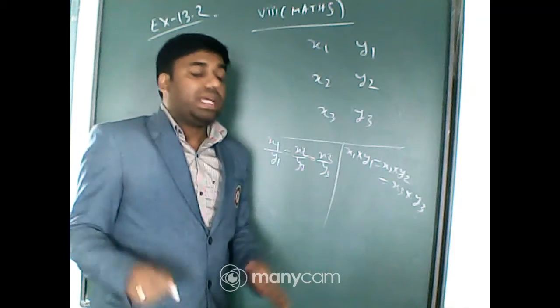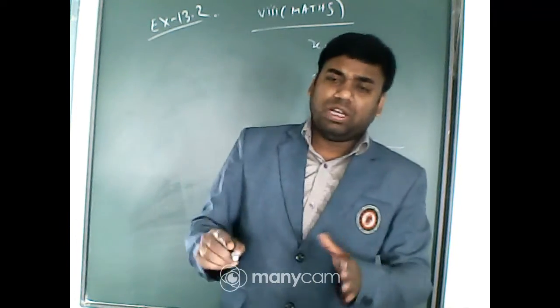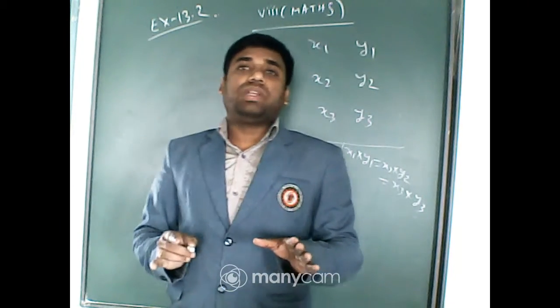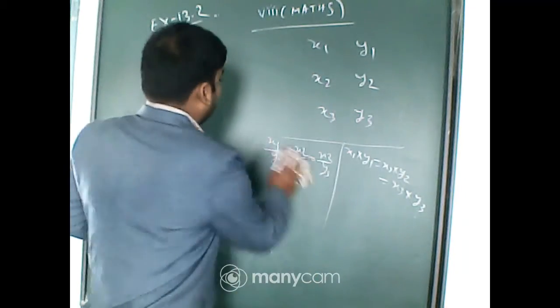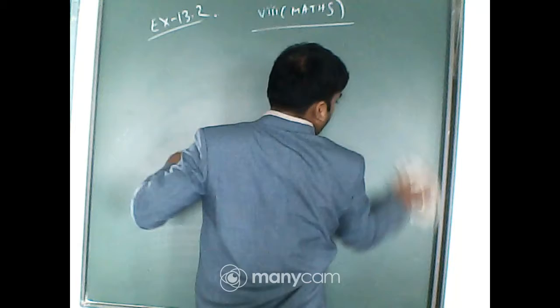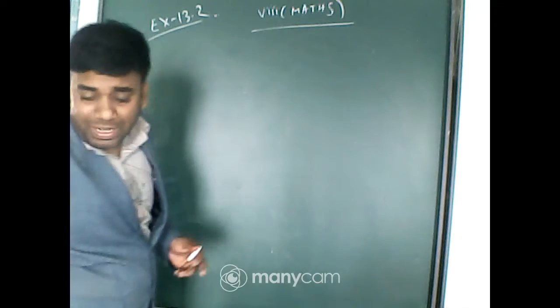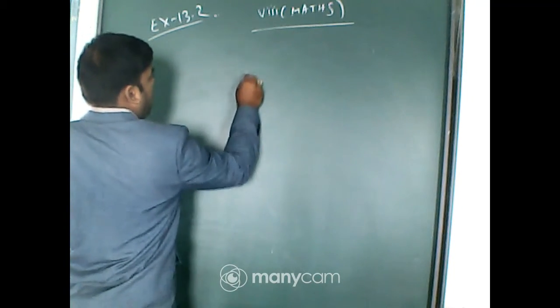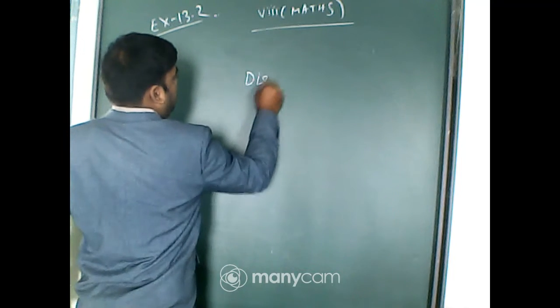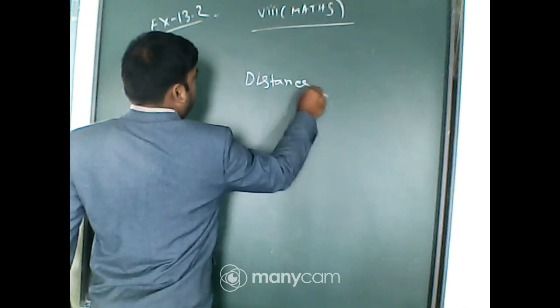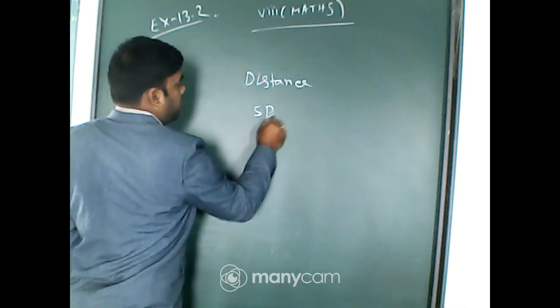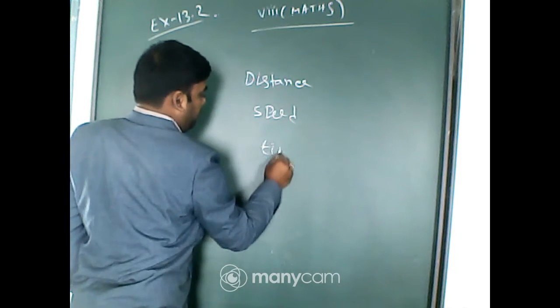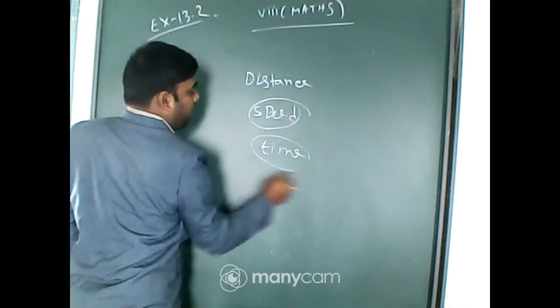Now, inverse proportion. I am taking just an example: distance. For distance, the variables are speed and time. One variable is speed and one variable is time.